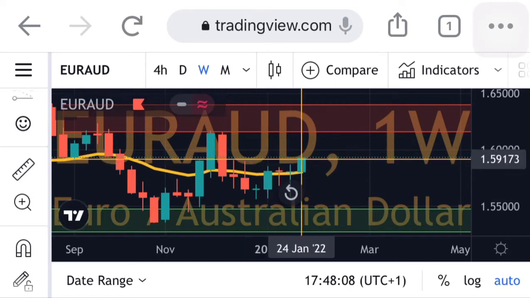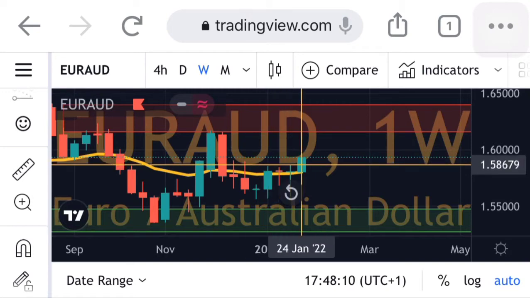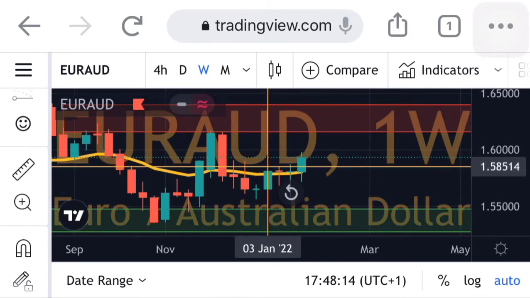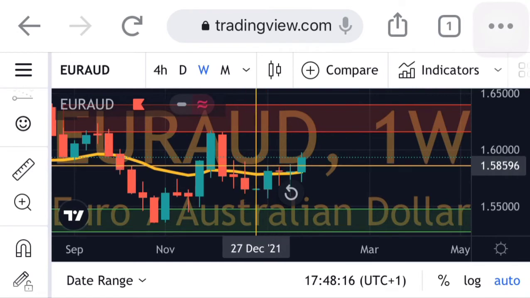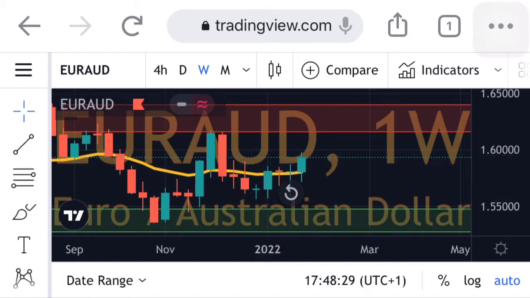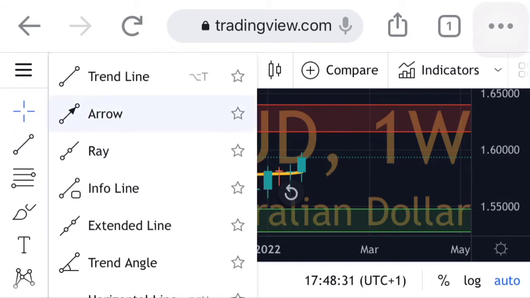So what we have here is the price breaking through this resistance. That's all. What we should be expecting is price coming back to test this level. I'm not going to use a lot of markups because I want the chart to be as clean as possible. So I'm just going to use an arrow here.